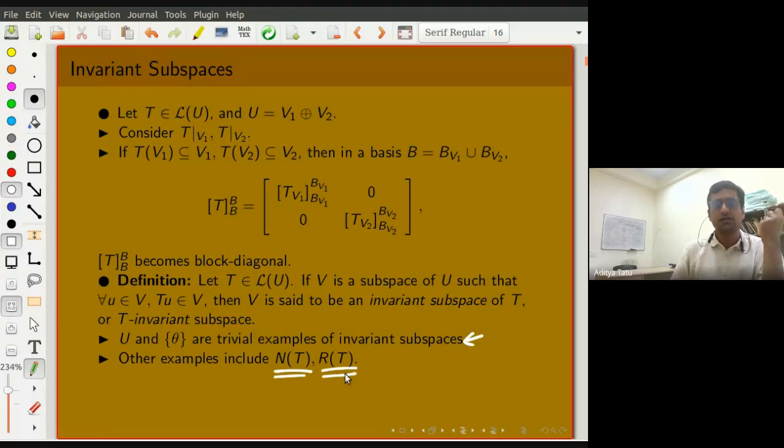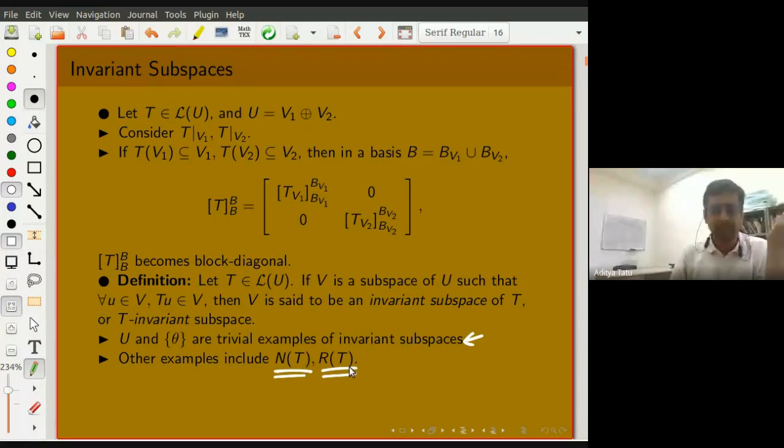These two are subspaces and they are always invariant. Is that okay? The null space, I think, is easy. Any vector in the null space gets mapped to theta. Theta also is an element of the null space. So therefore, the null space is an invariant subspace.